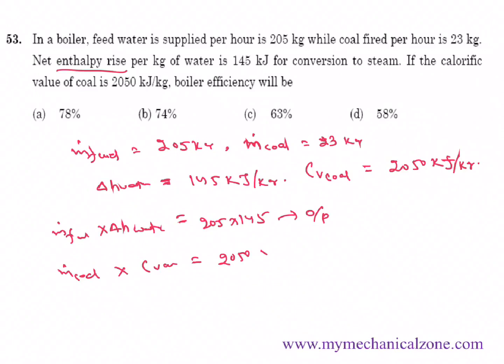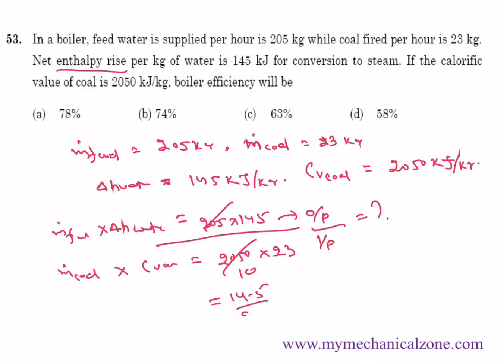So efficiency is output by input. To solve this one, it's 10 times, then it's greater than 60%. So from the options, C is your correct answer, 63%.